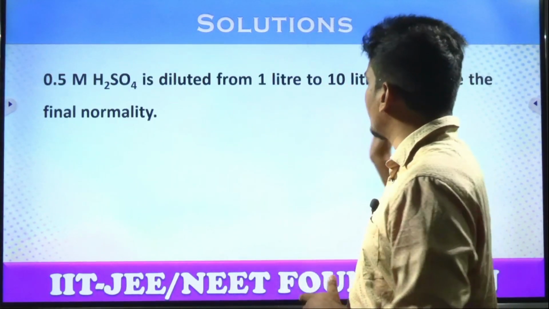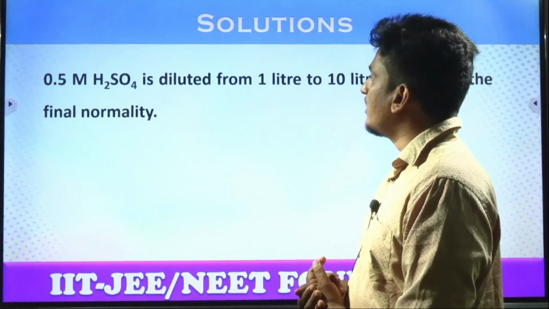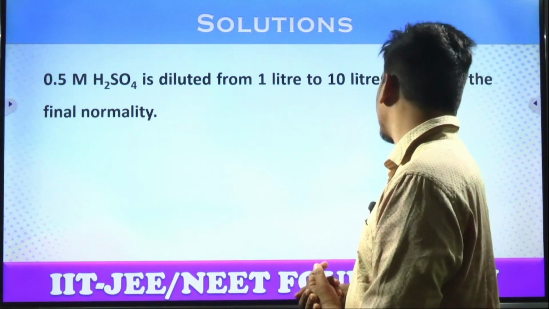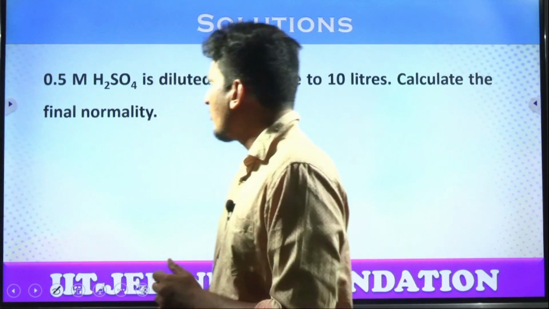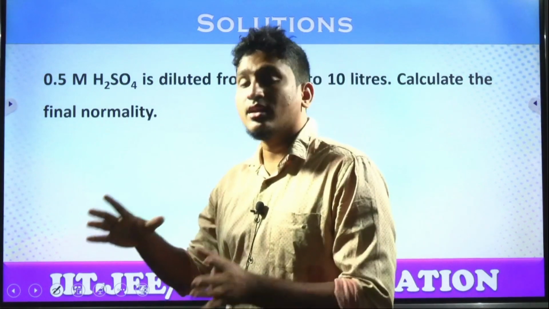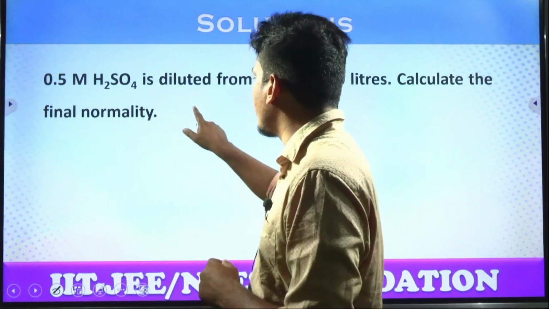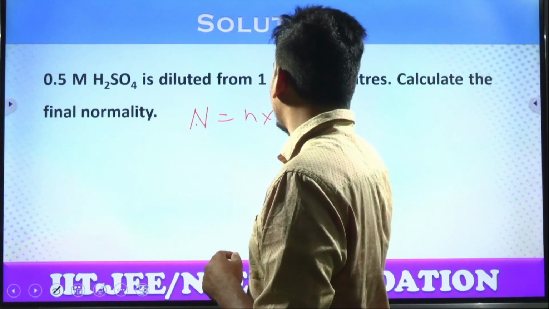So we have one numerical here, students. 0.5 molar H2SO4 is diluted from 1 liter to 10 liters. Calculate the final normality. What is given here? Molarity is given, and they are asking for the final normality. What is the relation between molarity and normality? Normality equals n into molarity. Yes or no?